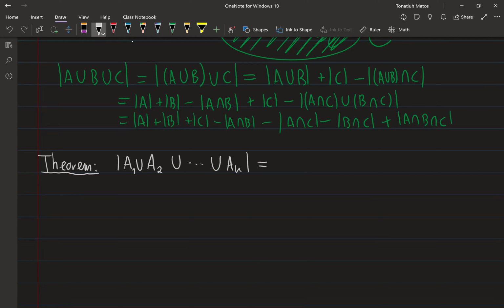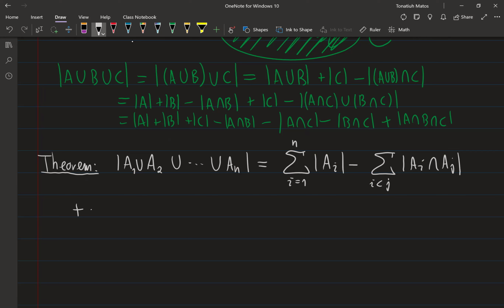Let's write this with n. So first you add up all the individual sizes of the sets from the first one to the last one. And then you remove all the pairwise intersections, so A_i intersect A_j. With i and j, you only have to do it once, so let's say i less than j, both less than or equal to n.